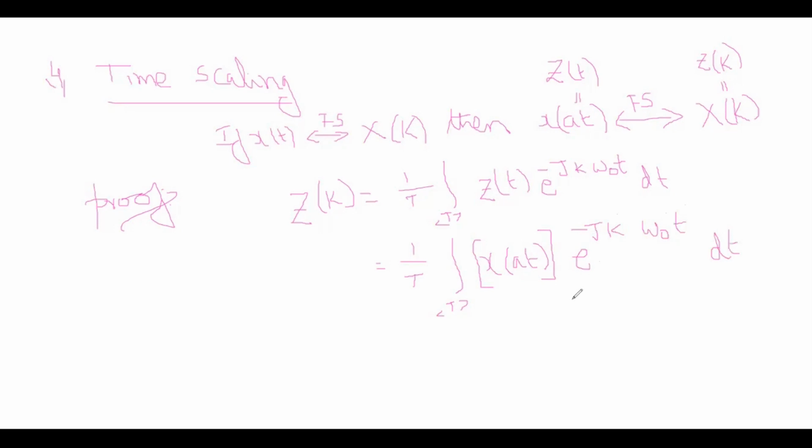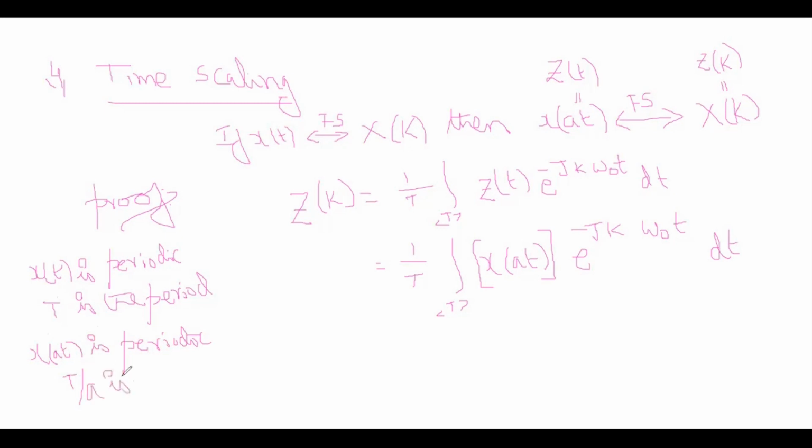What we said: when x of t is periodic, T is the period. And if x of at is periodic, what is the period?